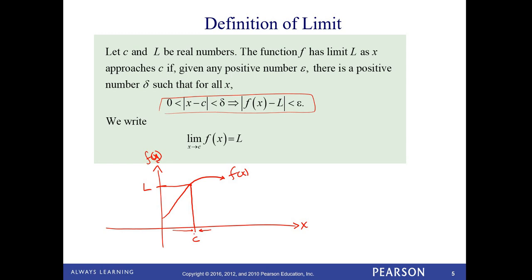If I take the difference between any x value and C, and it is always between 0 and some value delta, that's a lowercase delta, then the function value is always going to be very close to the limit, and this is epsilon.